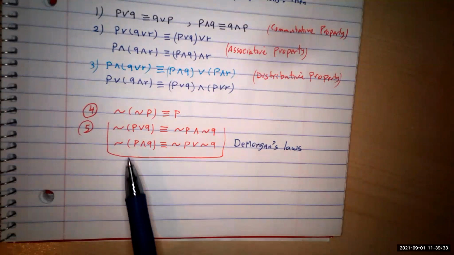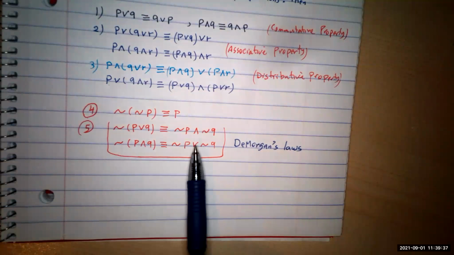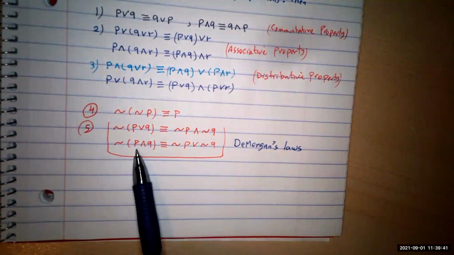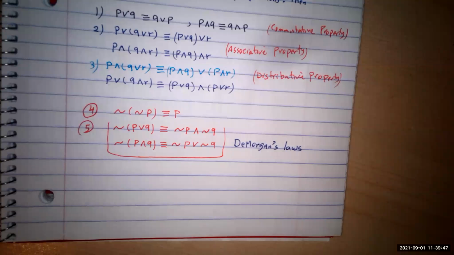So basically, if you want to find the negation of an or combination, you change it to the and combination of the negations. And if you want to find the negation of the and, it's going to be the negation of P or the negation of Q. There is also a set theory version, where instead of the negation, you use the complement.